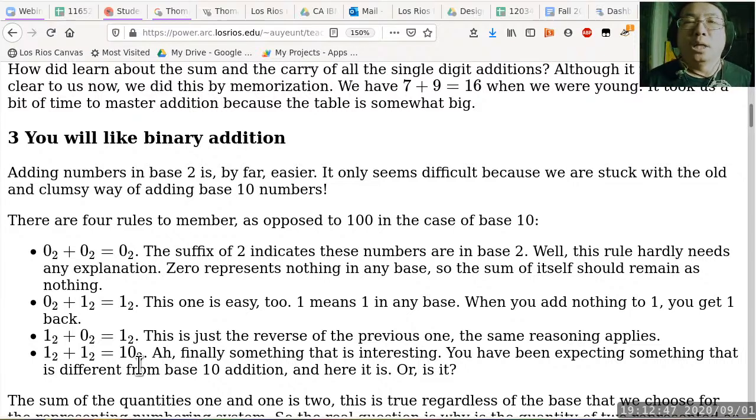The value of 2 can be represented by a single digit in base 10 because we can represent everything from 0 to 9 using a single digit in base 10. In base 2, we only have 2 digits, 0 and 1. So as a result, the quantity of 2 cannot be represented by a single digit.